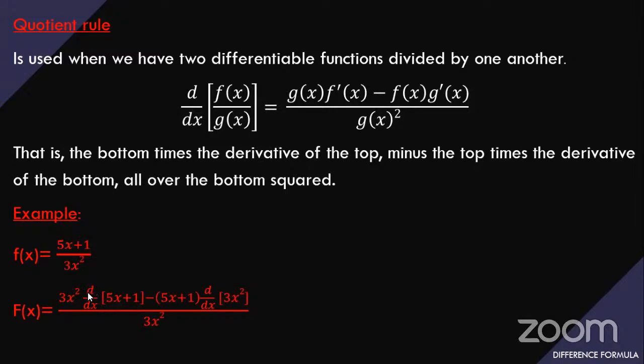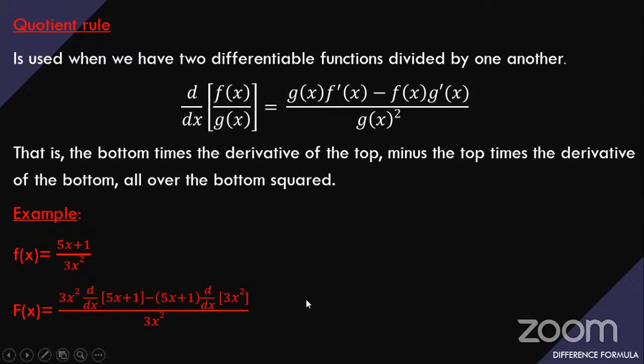Here we will now say it is d/dx of 5x plus 1, minus the top, which is 5x plus 1, multiplied by the derivative of the bottom, which is d/dx of 3x squared, divided by the bottom squared, which we have 3x squared. So let's proceed and see.